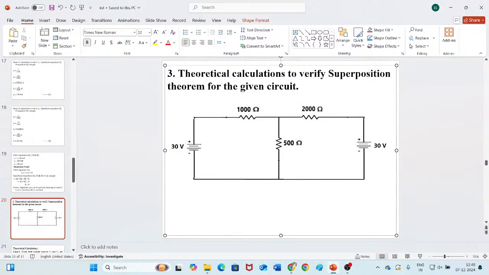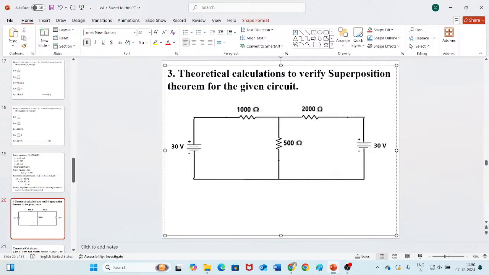According to the superposition theorem, in any element in the given circuit, in 1000 ohms or 500 ohms or 2000 ohms, whatever current flows when both sources are present should be equal to the algebraic sum of the currents flowing through the same element when individual sources are present.